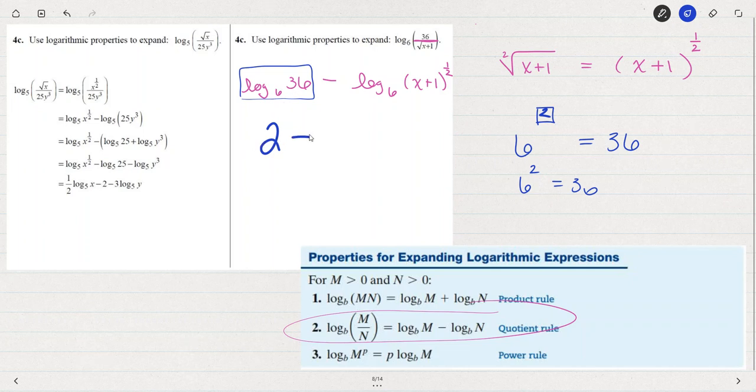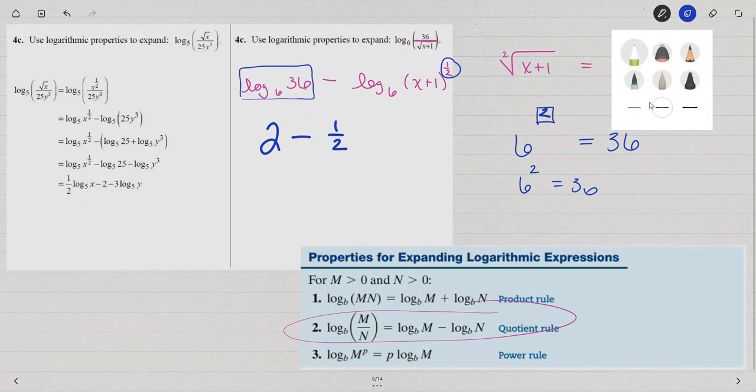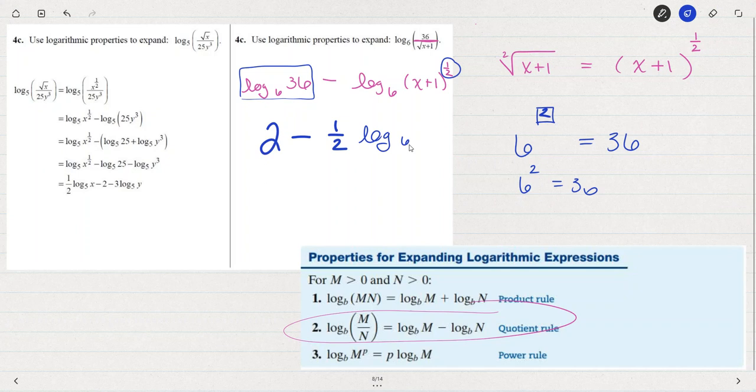So we have 2 minus, and then I could use the power rule to bring this 1/2 down in front. 2 minus 1/2 log base 6 of x plus 1. I'm going to keep that x plus 1 in parentheses to clarify that it's not log base 6 of x.